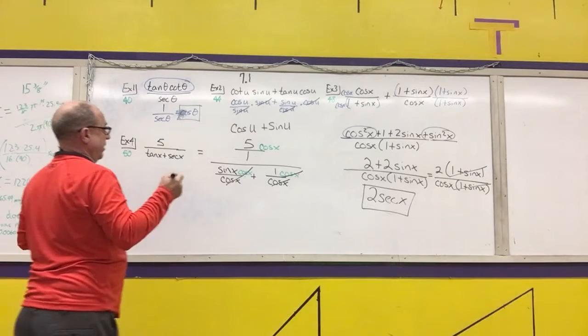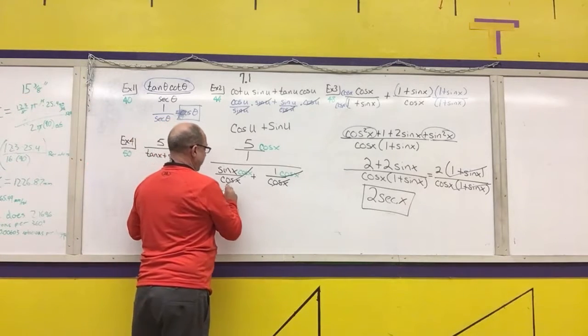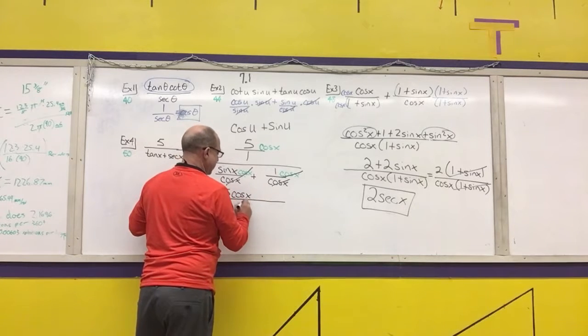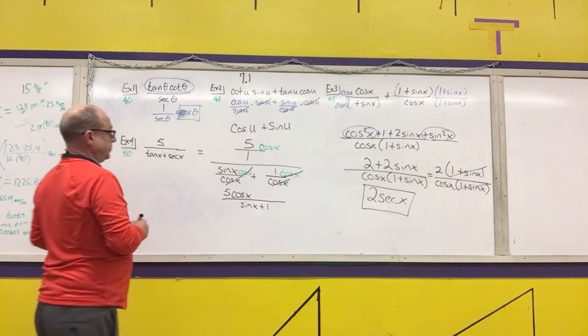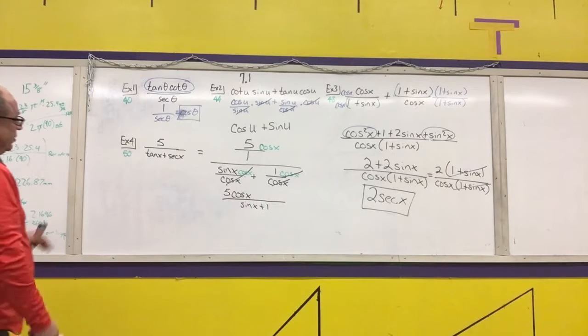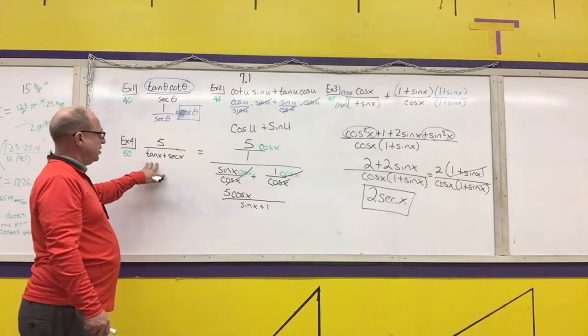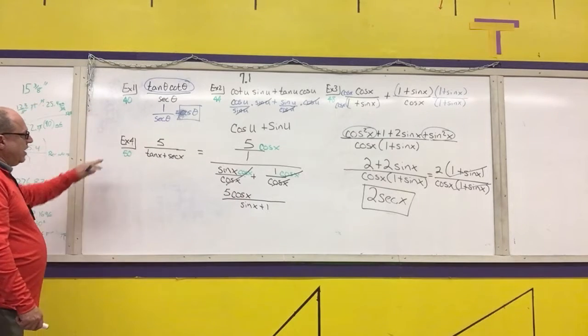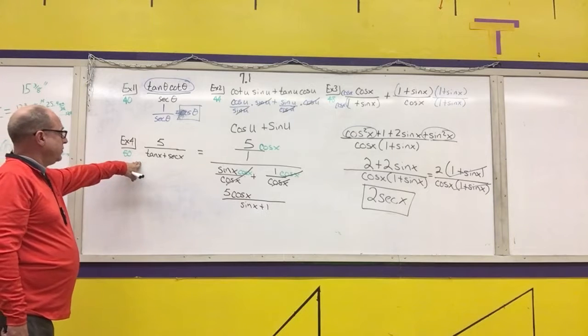And let's see what we have. We have 5 cosine x over sine x plus 1. And I did not get to what I wanted to. Okay, so you notice that this is just another way to write that. Again, it wanted us to get rid of fractions.